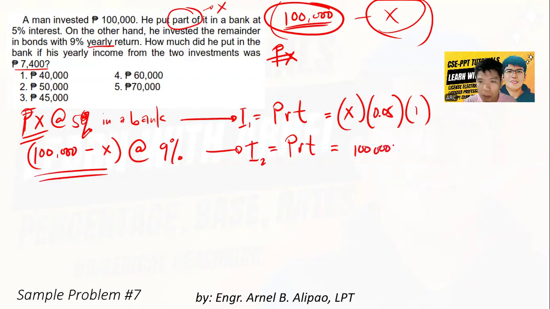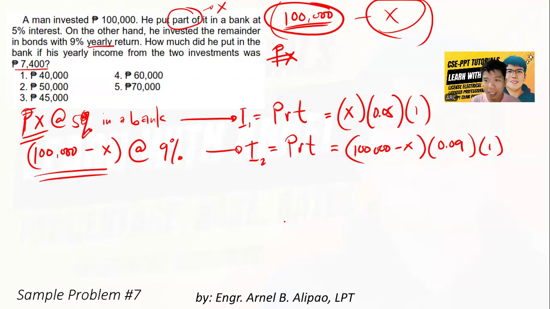100,000 minus X times the rate, which is 0.09, or we can write it as 9 per 100, but it's okay. Times 1.